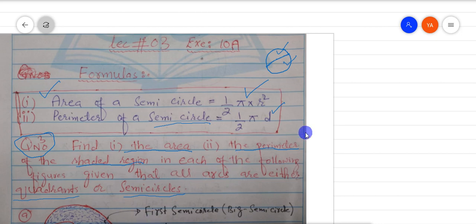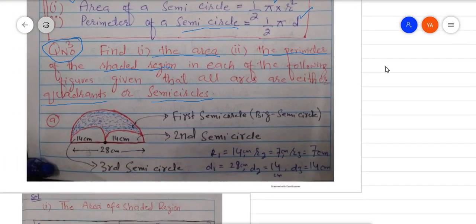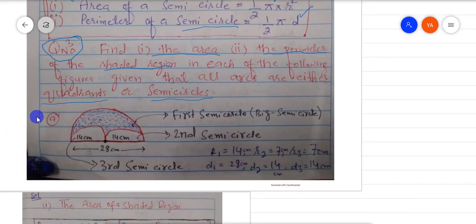This is part A of question number 3. We have to solve for the area and the perimeter of the shaded region. First we solve the area, after that we find the perimeter.